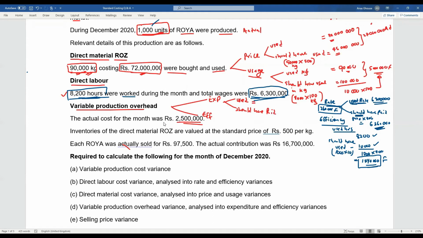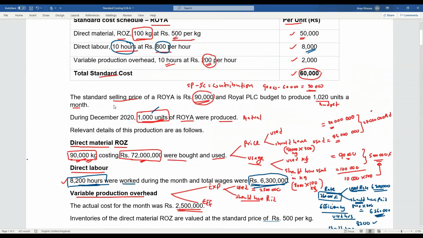Actual cost for the month was 2.5 million, so 2.5 million was paid. How much should we have paid? Our standard requirement was 10 hours at the rate of 200 per hour.